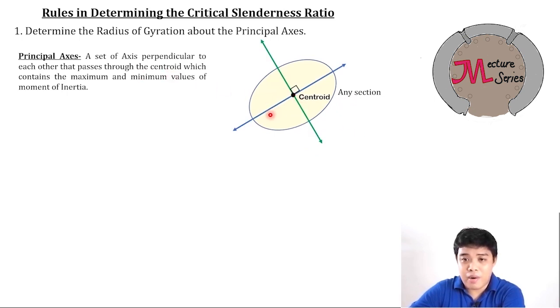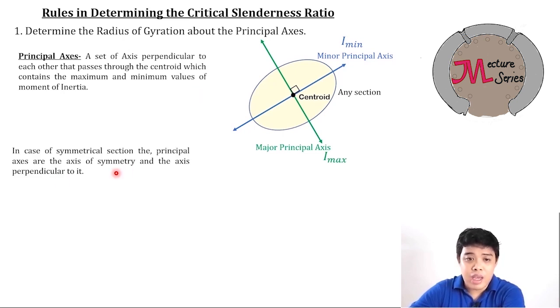These axes pass through the centroid and contain the maximum and minimum values of moment of inertia. The axis which contains the maximum moment of inertia is often called the major principal axis, and the axis that contains the minimum moment of inertia is what we call the minor principal axis. So before we get the radius of gyration, we should determine first where the principal axes are.